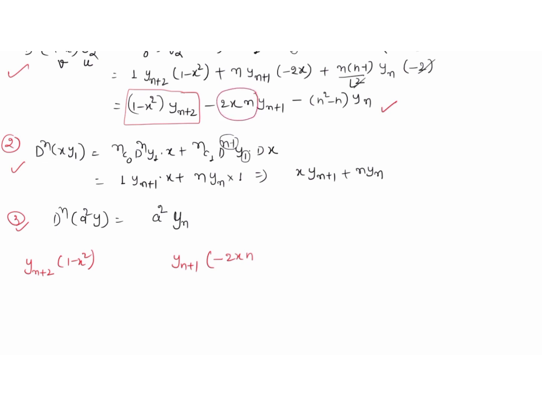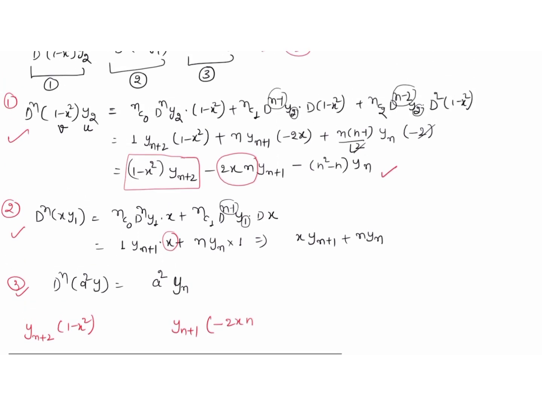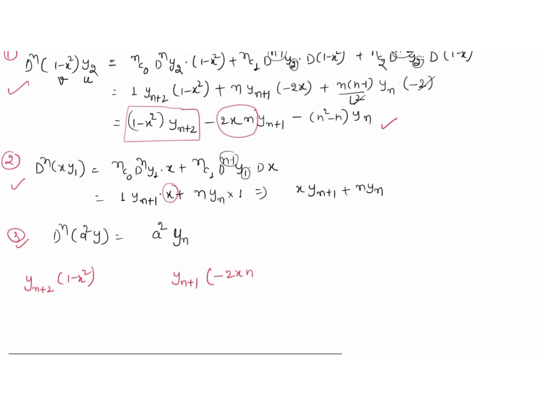The coefficient of yₙ₊₁ in the second term is x; there is a minus sign also in the given expression, so we take it as minus x. Similarly the third term is also minus, that's why we have written minus of this.